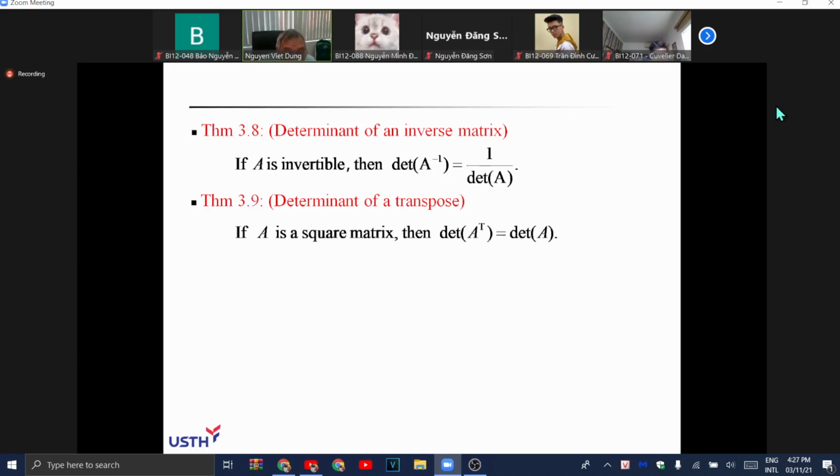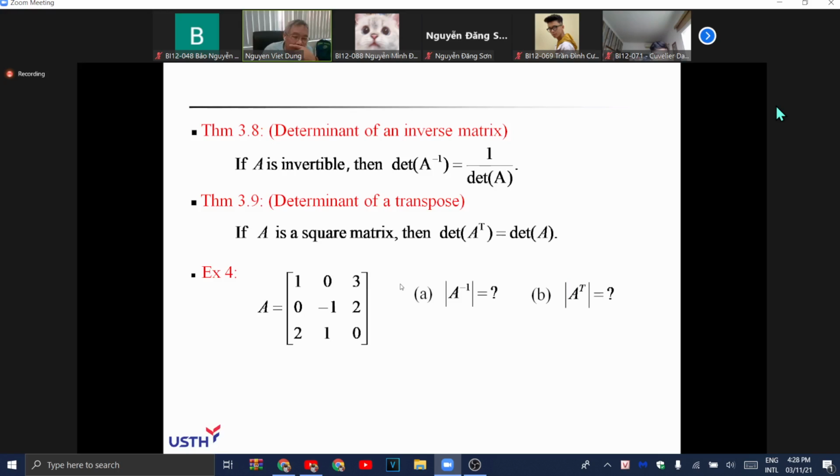And one more property says that if A is a square matrix, then the determinant of A transpose equals the determinant of A. That we saw from the very beginning of the definition of determinant. That is because we can expand the determinant along any row or any column, and the roles of the row and the column are the same. So the determinant of A transpose equals the determinant of A.